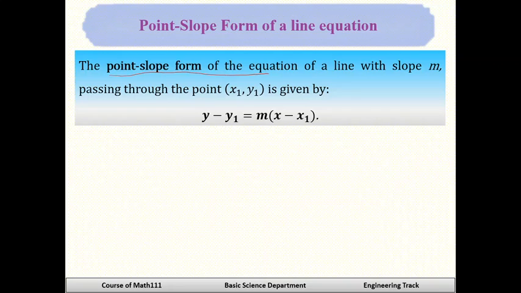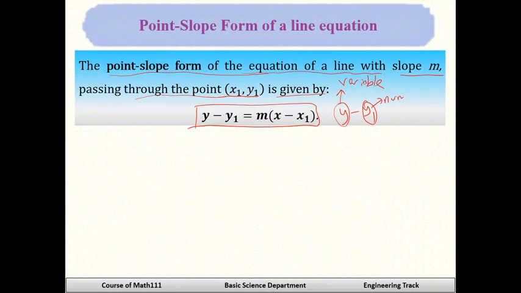Point-slope form of the equation of a line with slope m passing through the point x1, y1 is given by this equation, or sometimes if you write it this way, y minus y1 equals m times x minus x1. The y and x are variables, but x1 and y1 are just numbers coming from the point. So you can write it either way.